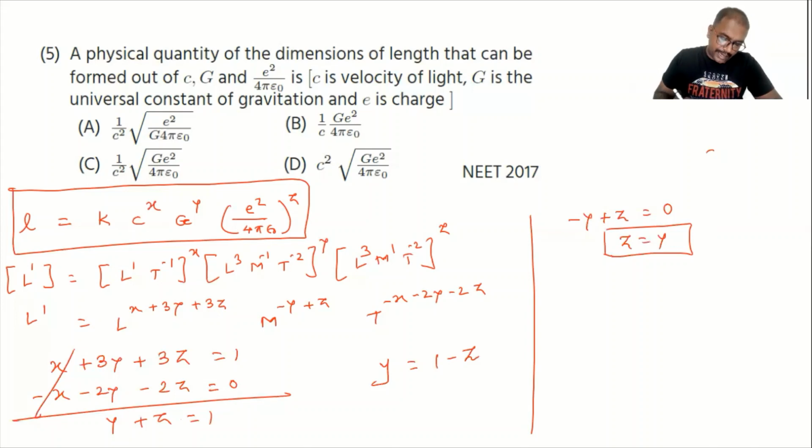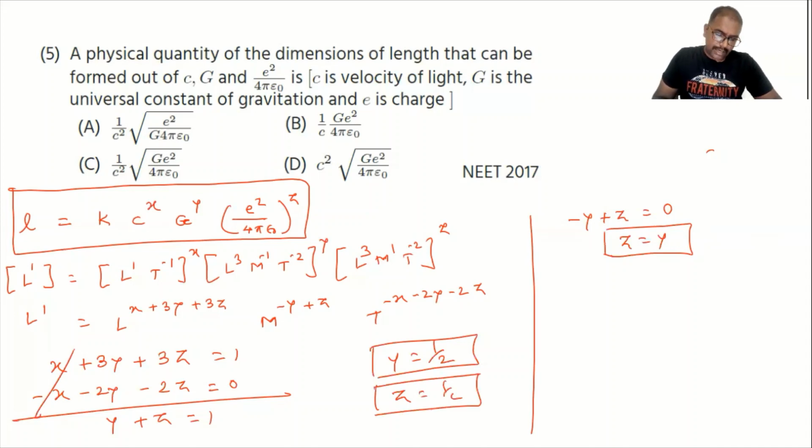Or I can write it this way also. So y plus z is 1, so here you can find a square root also. So y may be 1 by 2, z may be 1 by 2, then it is coming 1. And we can find out x also.